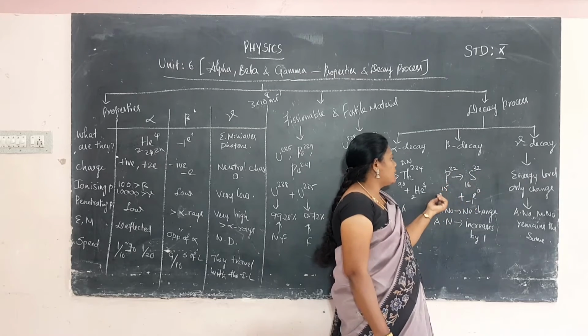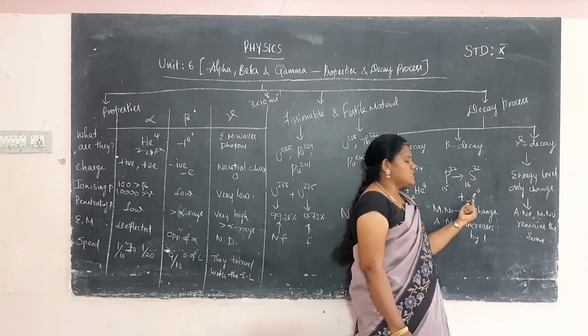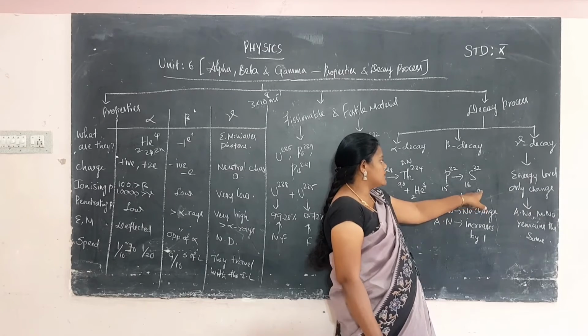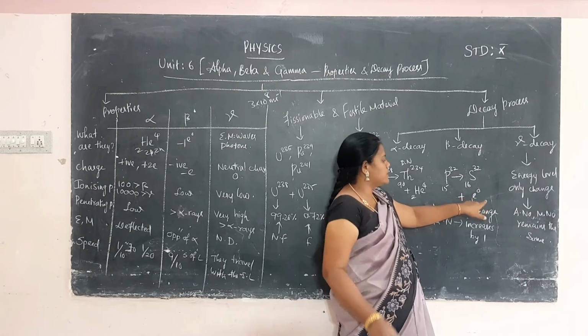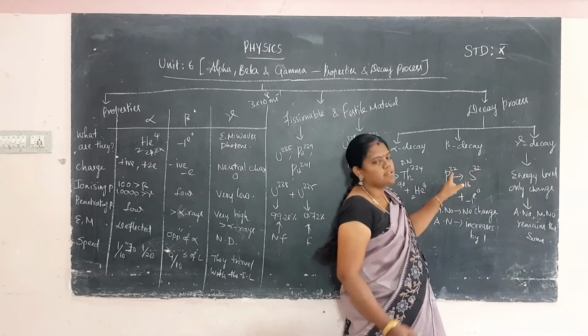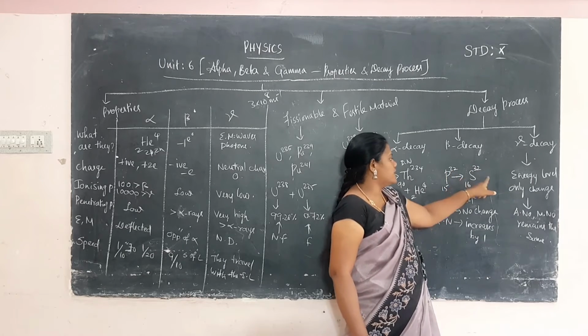So phosphorus 15-32 is converted into sulfur 16-32 plus an electron. The mass number does not change because 0 is in the upper limit. No mass change, because mass number 32 is on the left-hand side and also on the right-hand side.